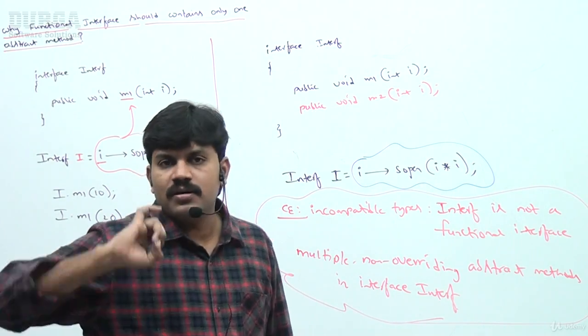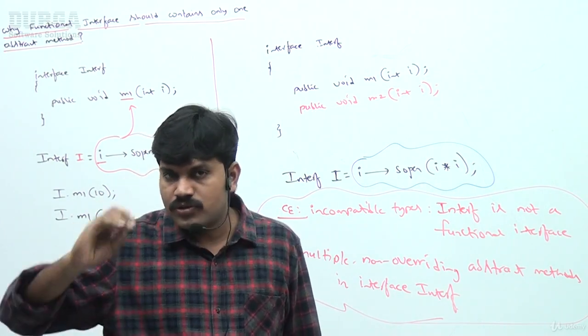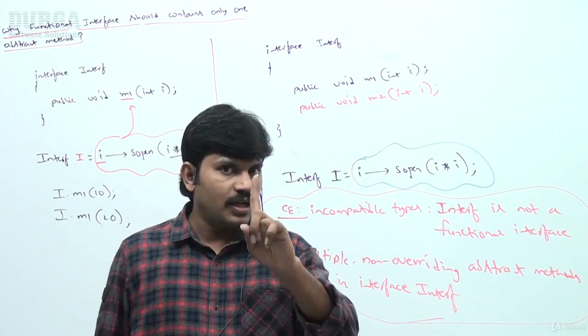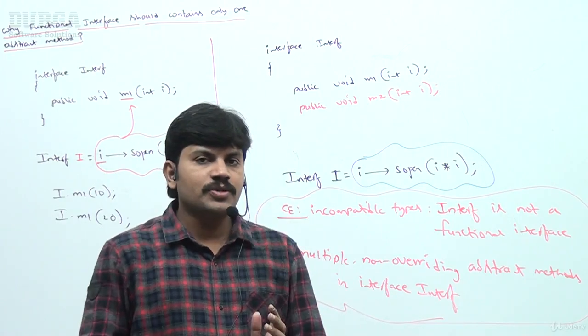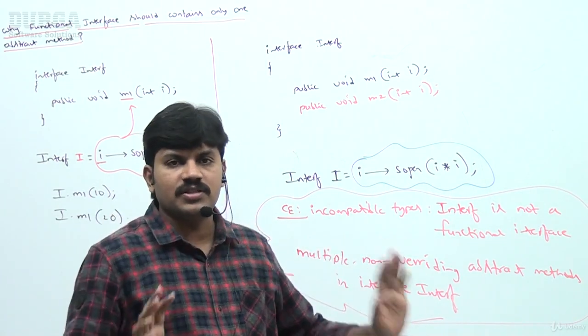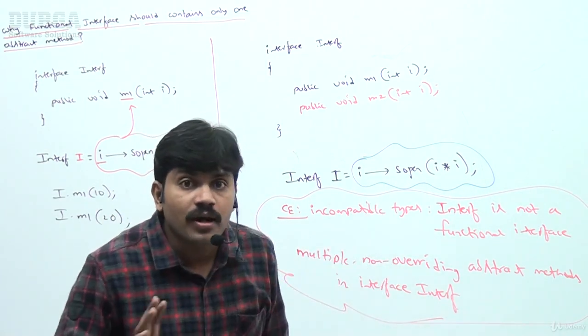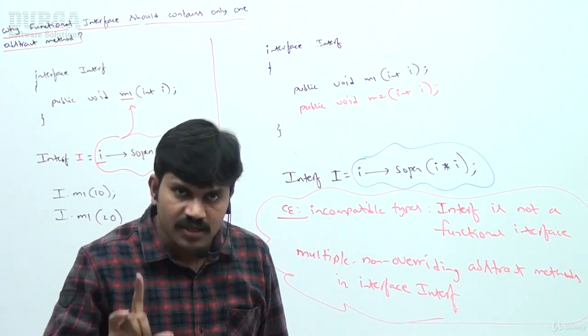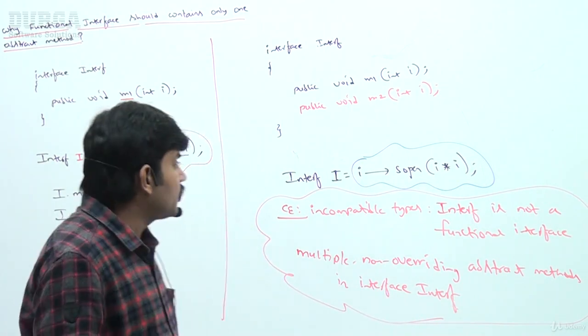That's why a functional interface must contain a single abstract method only. Without an abstract method, or with more than one, it is not treated as a functional interface, and we can't use it for lambda expressions. Clear for all of you, right?